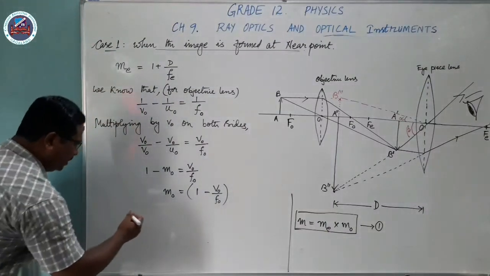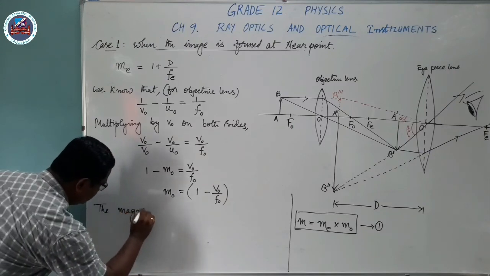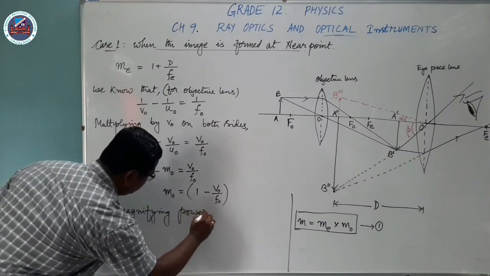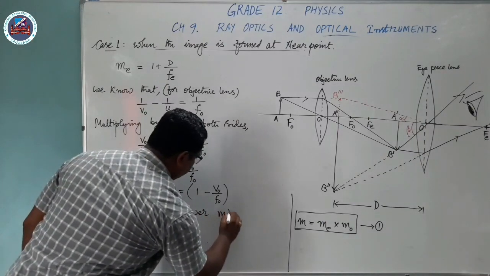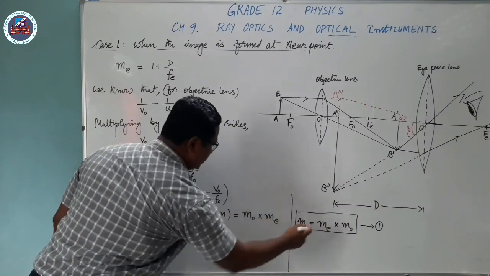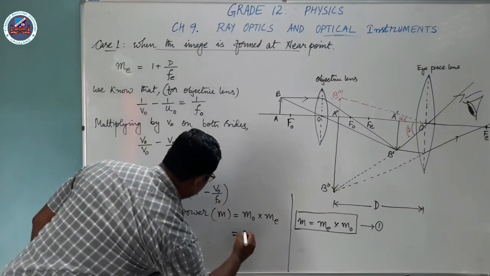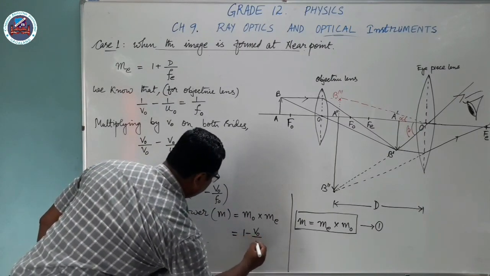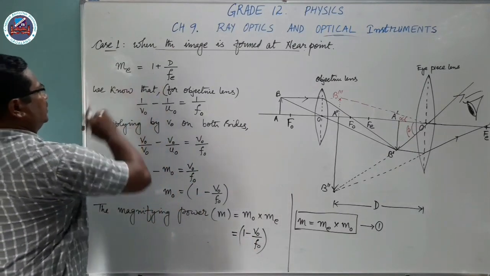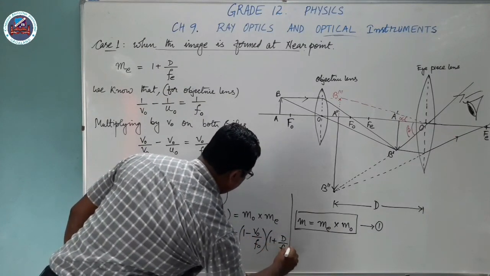So the angular magnification or the magnifying power M is equal to MO into ME, which we derived here in equation 1. You put the values. MO, the magnification produced by the objective lens, is V0 by F0, and here ME is 1 plus D by FE.